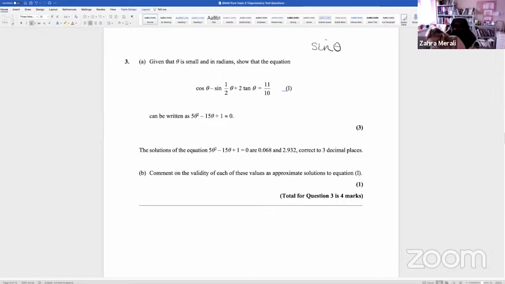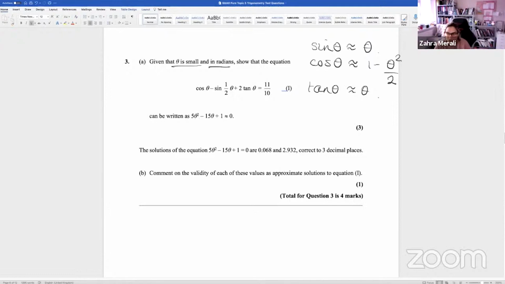Sine theta is approximately theta, cos theta is approximately 1 minus theta squared over 2, and tan theta is approximately theta. So that's what you're given, and you can use these when theta is small and in radians.